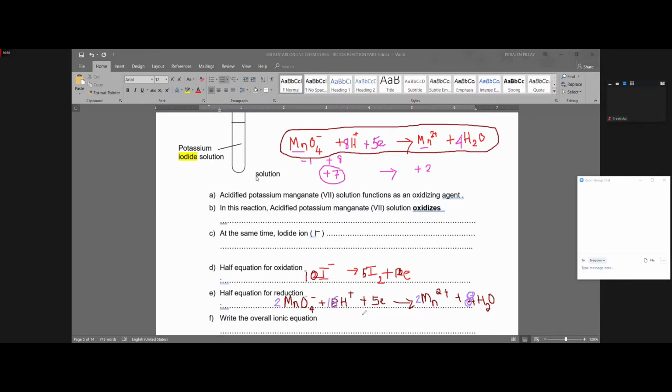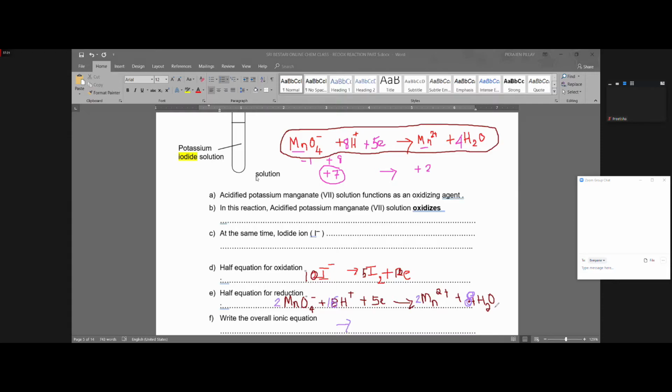The sequence doesn't matter. 2MnO4 minus plus 16H plus plus 10I minus. Is that correct? Okay, then there's the arrow. Continue. Plus 5I2 plus 2Mn2 plus plus 8H2O.